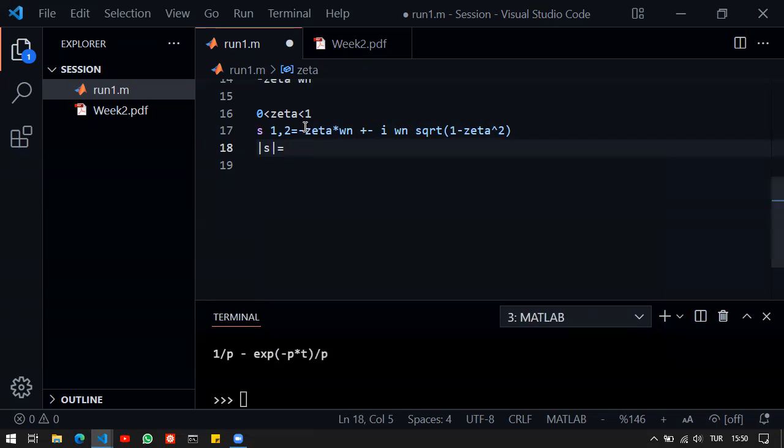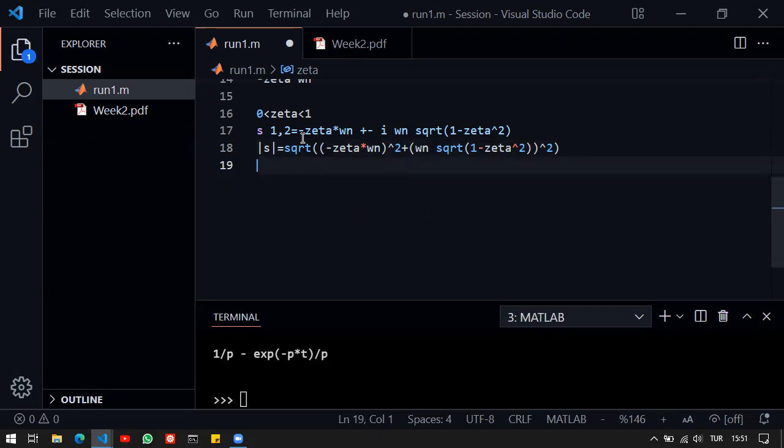For example, if you take the absolute value of this just for one pole, then what we have to do is we have to take the real part, take the square of it, plus the square of the imaginary part here, and then also the square root of this.